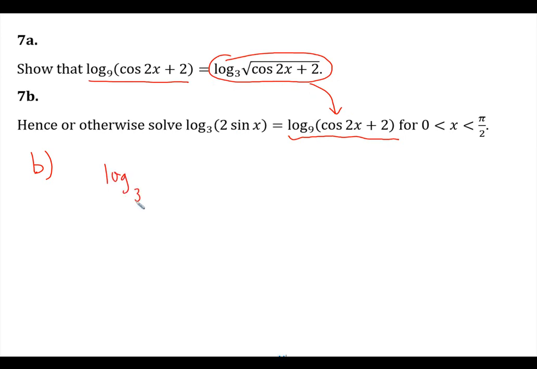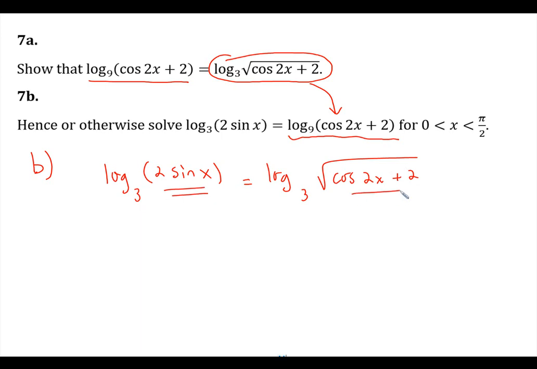We have log base 3 of 2 sine x is equal to log base 3 of the square root of cosine 2x plus 2, okay? And since we have log base 3 and log base 3 here, we know these values have to be equal, so we can equate them. So we know that 2 sine x has to equal root cosine 2x plus 2.